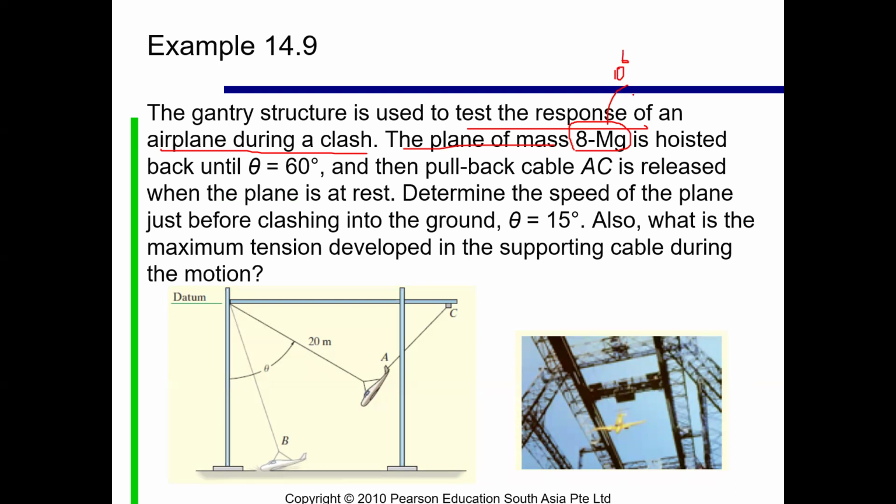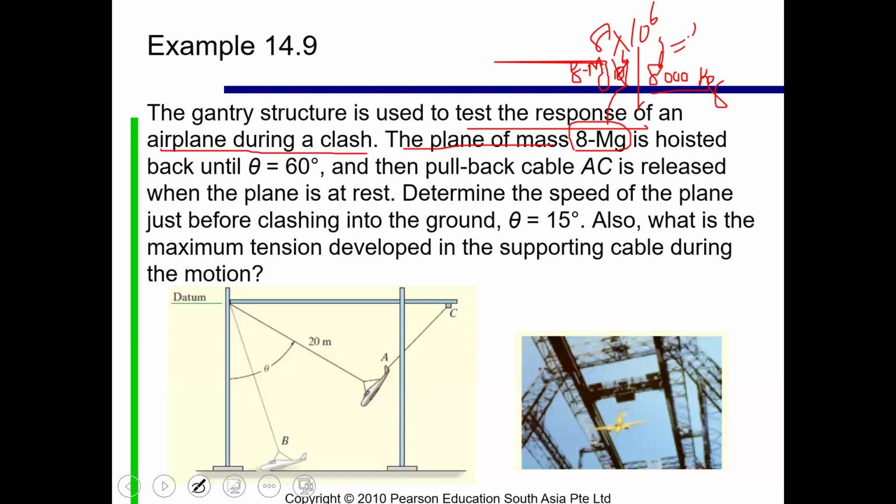If you want to rewrite it, because in most of your formulas you need to write kgs, how many kgs would it be? 8,000 kgs, right? This 8 megagram is equal to 8,000 kgs because it is 8 times 10 raised to power 6 grams.